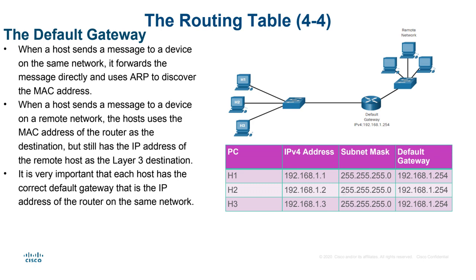So for these computers, the gateway is the router interface IP address, which is given to you here, 192.168.1.254. But if you were asked what is the gateway for this network, it will be the router interface this side, which will have a different IP address, but it's not given to you in this table. Okay?